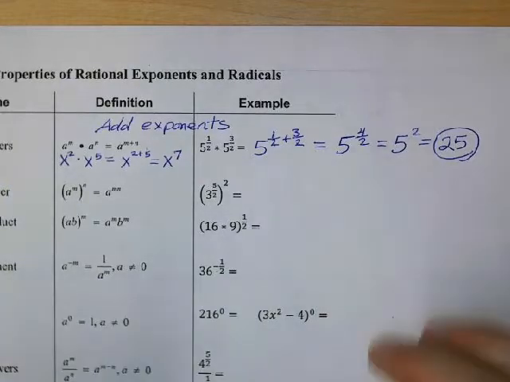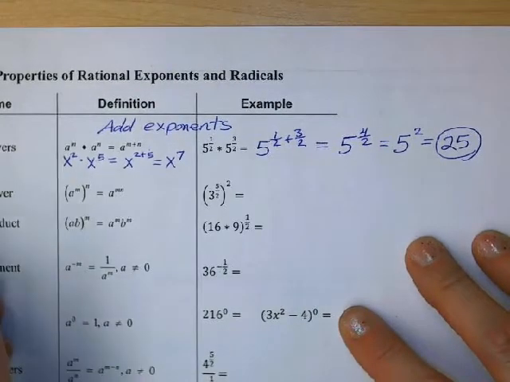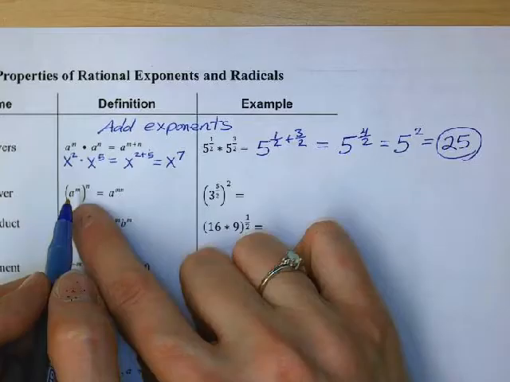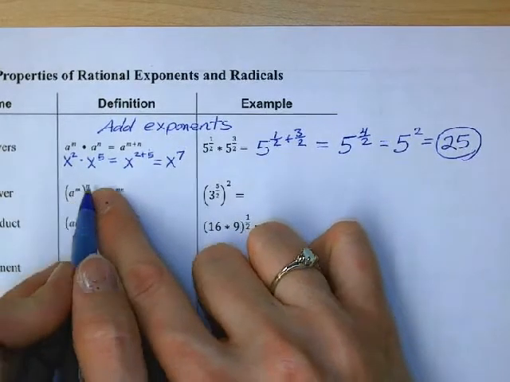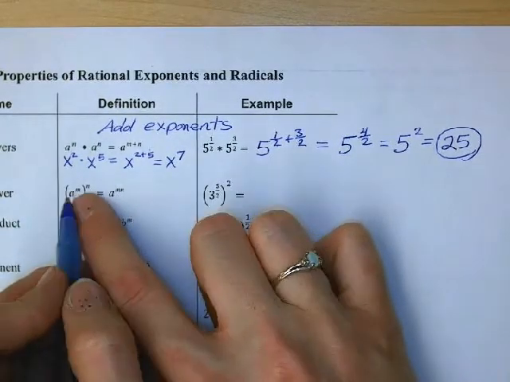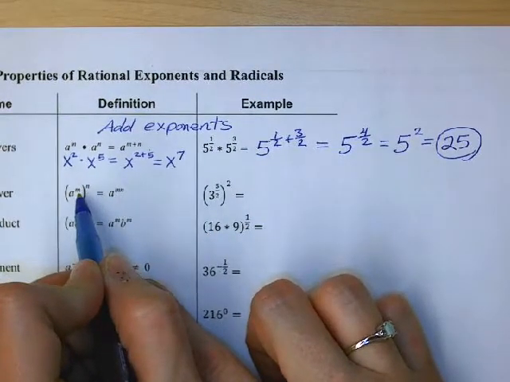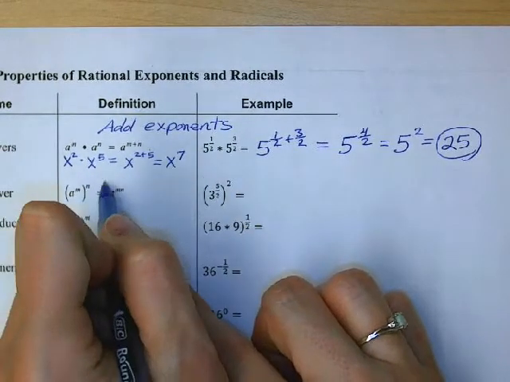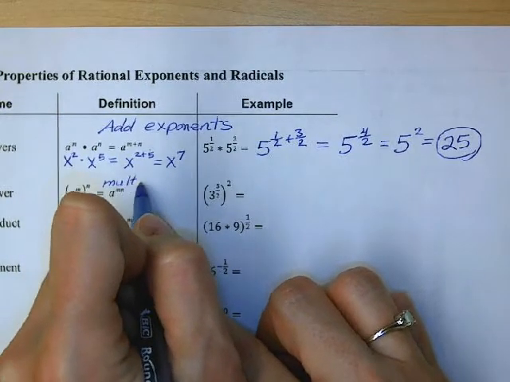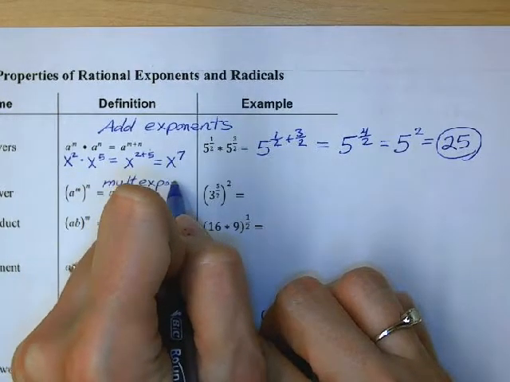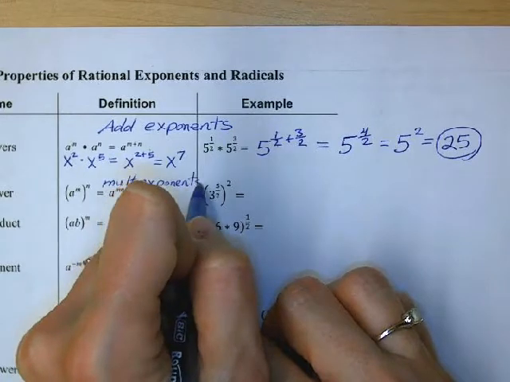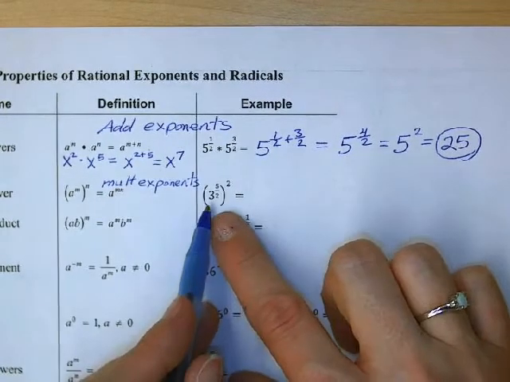Now the next rule is called power of a power. And they give you a little example with letters here. When it's like parentheses like that, you multiply the exponents. The base stays the same again. The big number, the 3, stays the same.